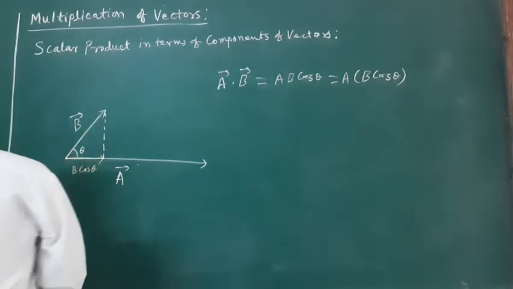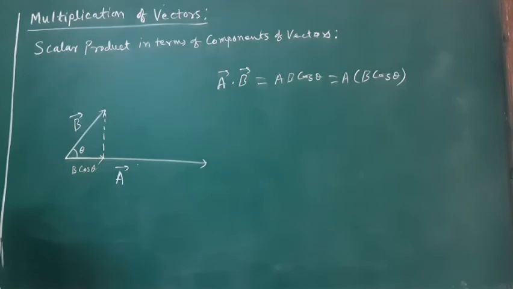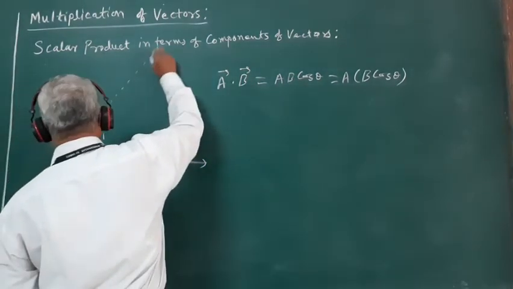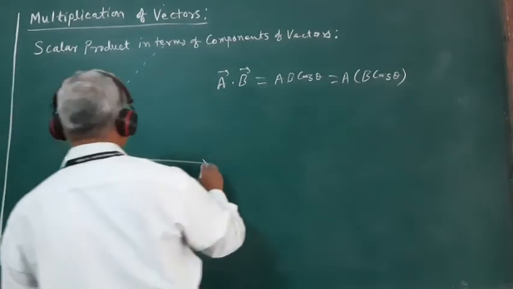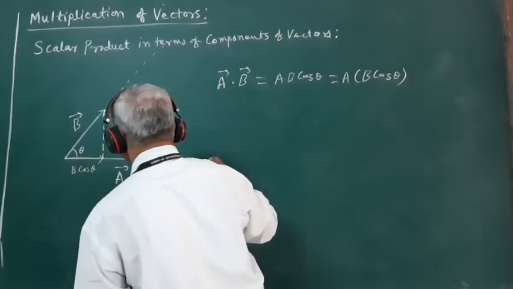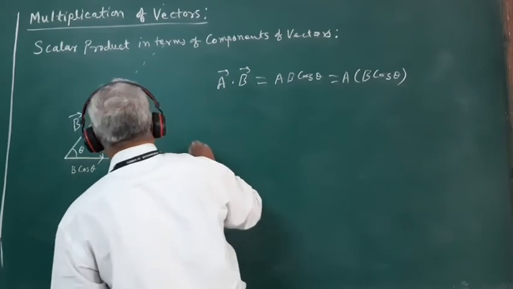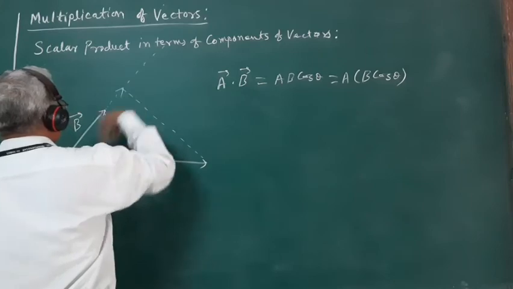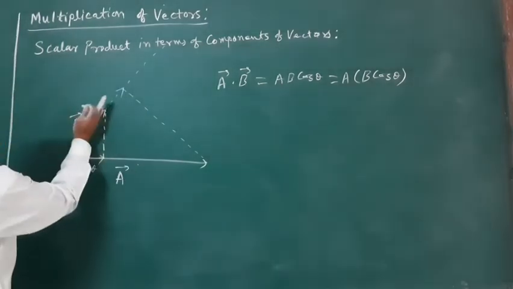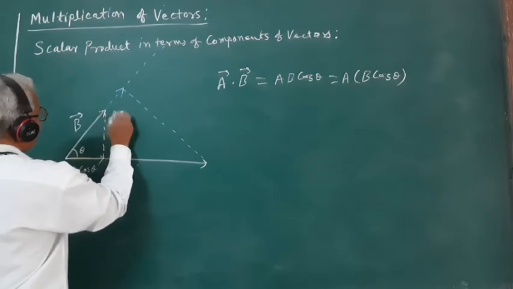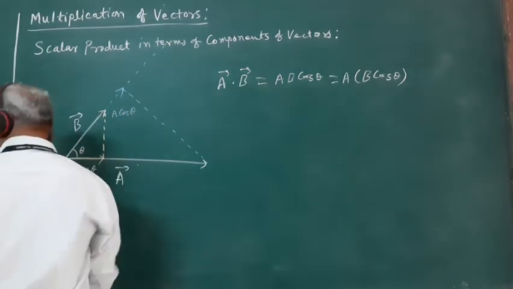Or else, this product can be expressed like this. If we produce this vector B bar in this direction, and draw a normal from the end point of vector A bar on the vector B bar, this will be the component of A bar in the direction of B bar. So, this will be A cos theta.